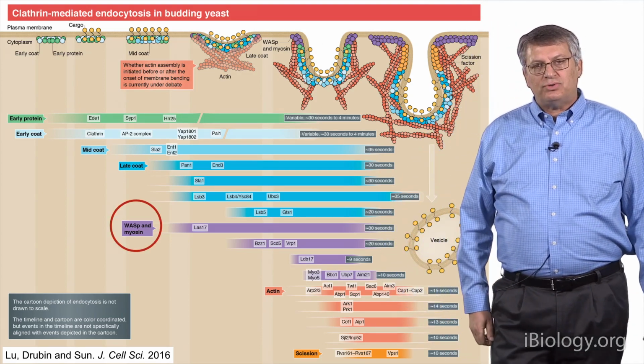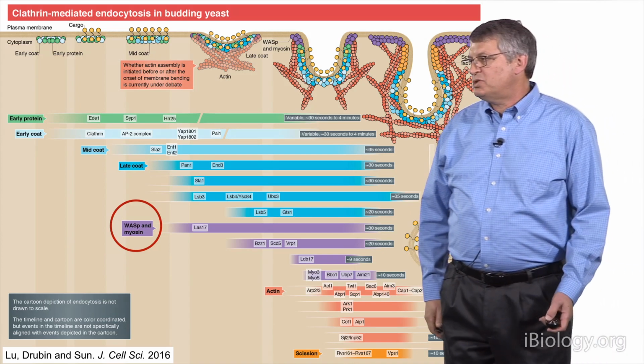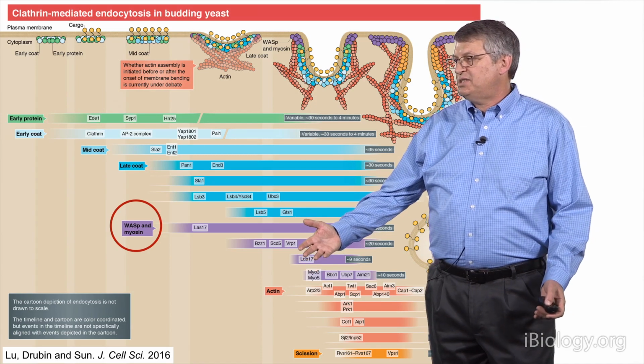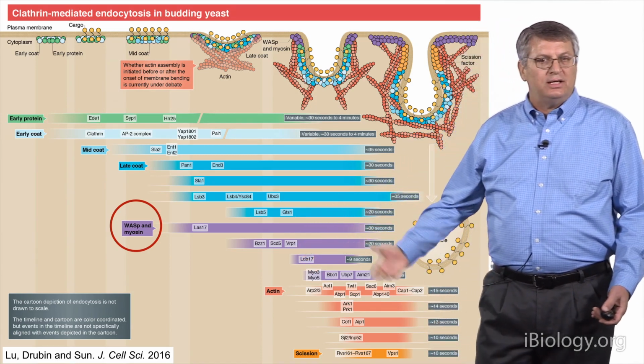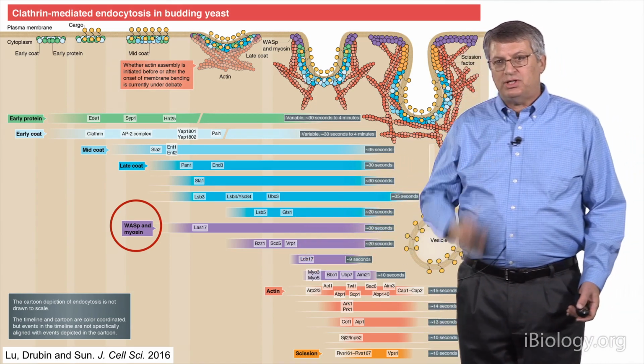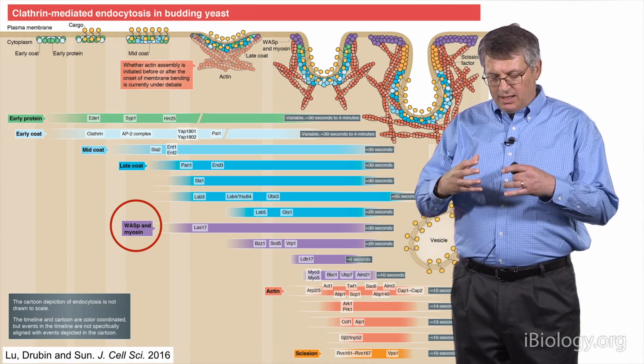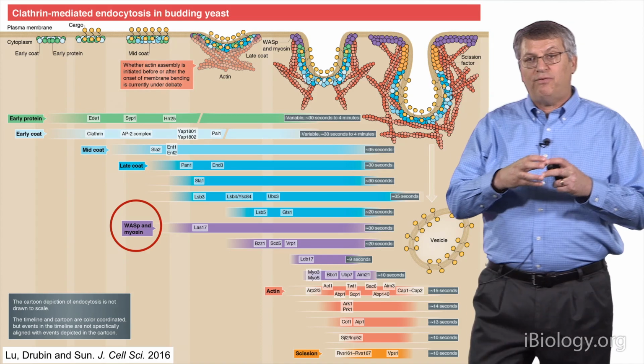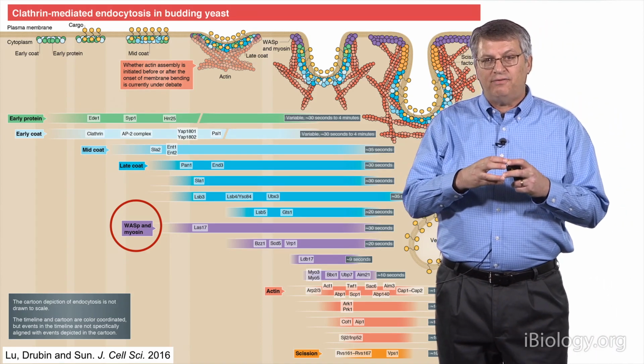And one of these modules we call the Wasp-myosin module because it contains the yeast Wasp called Las17, and it contains a type 1 myosin plus some half dozen additional proteins. And these are the proteins that nucleate the assembly of actin filaments and generate forces on those actin filaments.